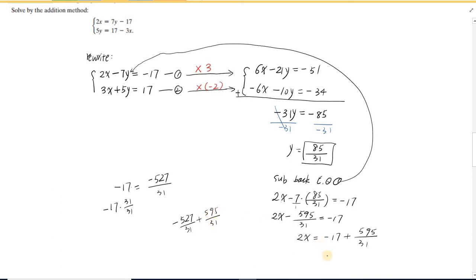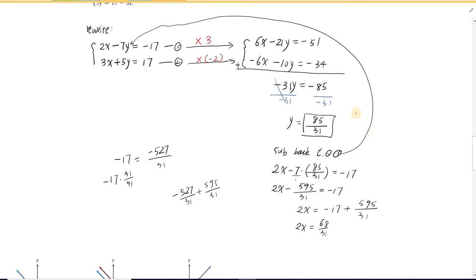So then we're going to have, okay, I'm going to write it down. That will be 68 over 31. So divide by 2 on both sides. This is going to be gone, and dividing by something is the same thing as multiplying by the reciprocal. So now you have 68 and then you have a 2. So we have simplified this.